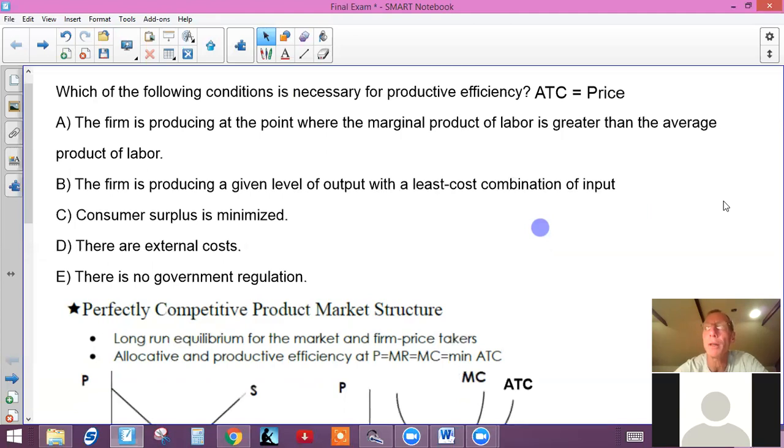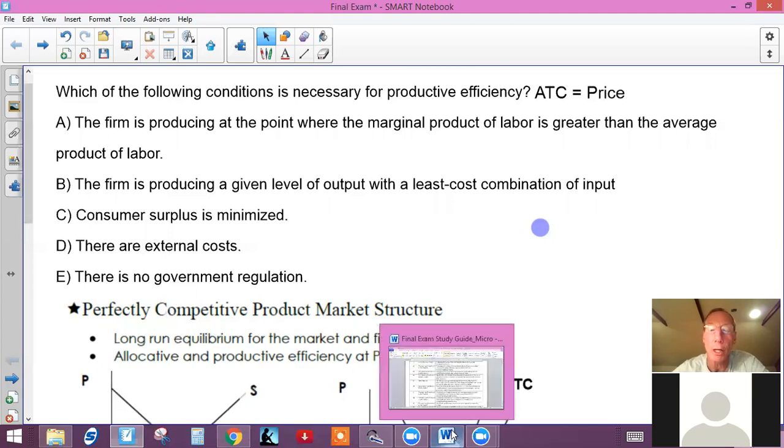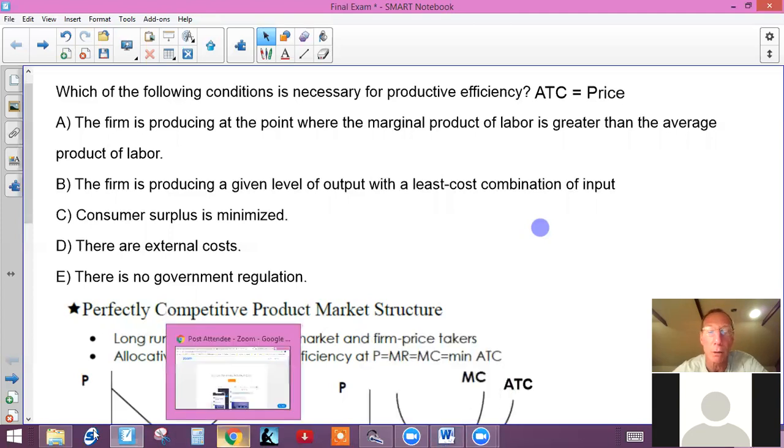The average product of labor, if we're actually looking at a graph, so you don't even have a graph that shows marginal product of labor, right? Your graph that you look at, that you're learning, and I should have pulled up here. Let me pull it up.